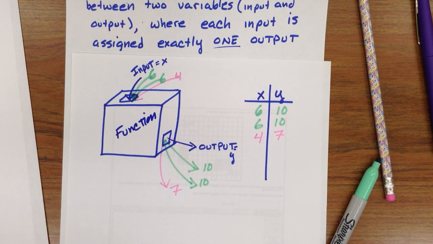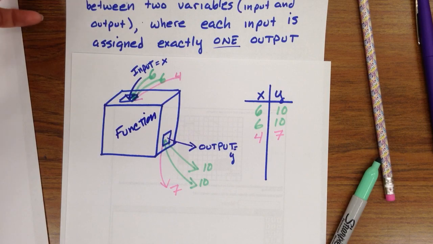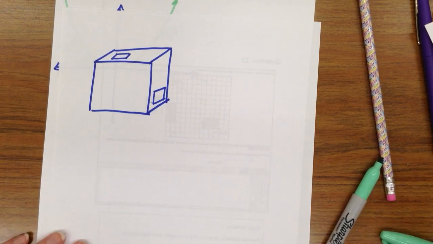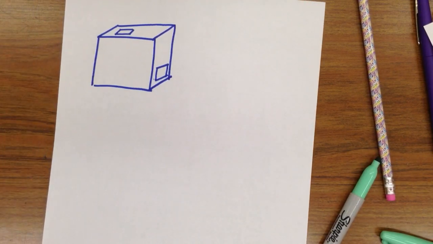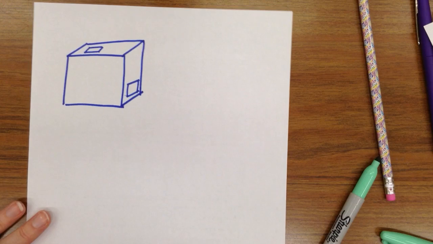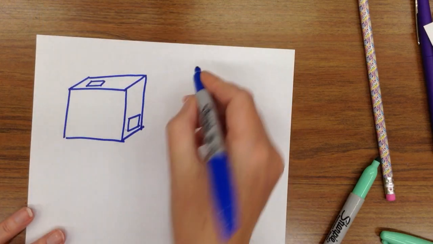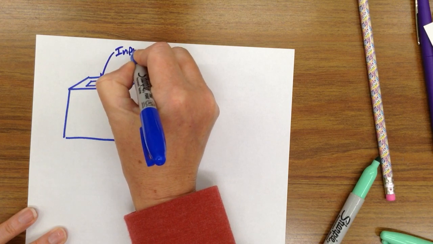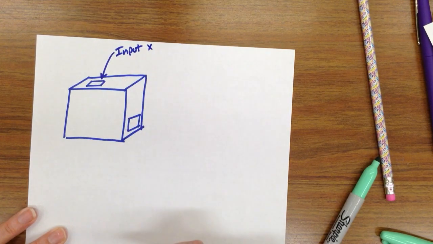Now let's break the rule and see if we can find an example of something that is not a function. Well, I've drawn us another little machine, and in this little machine, it is not going to be a function. So I still have inputs. Those are our x's usually.